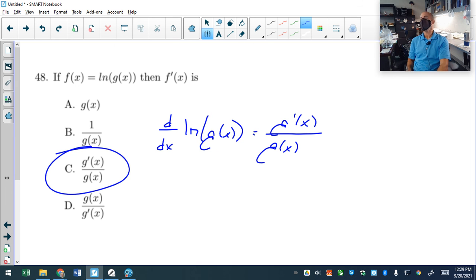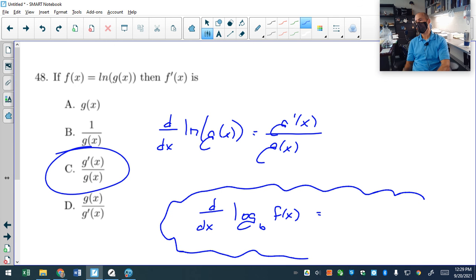All right. Now, technically, and I'll extend this to logs that are not base e, if it's another base, we do the same thing as for a natural log.